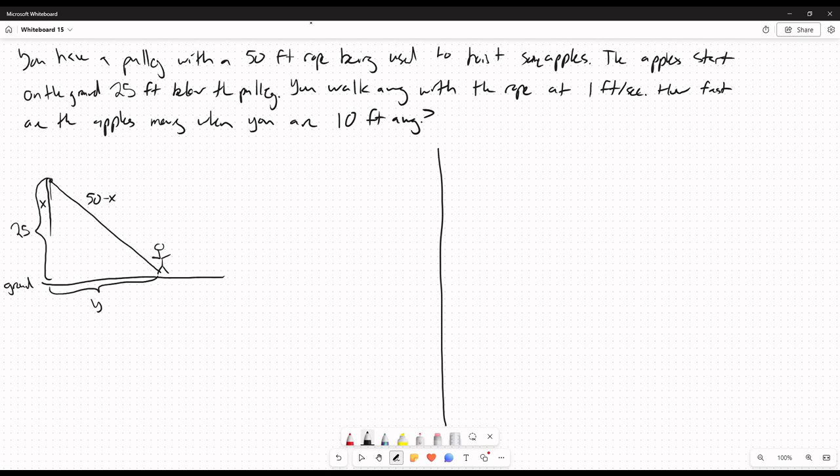So I can use this to set up a related rates problem. I'm going to start by relating x and y using the Pythagorean theorem. I'm going to have 25 squared plus y squared equals (50 minus x) squared, or 25 squared plus y squared equals 2500 minus 100x plus x squared.